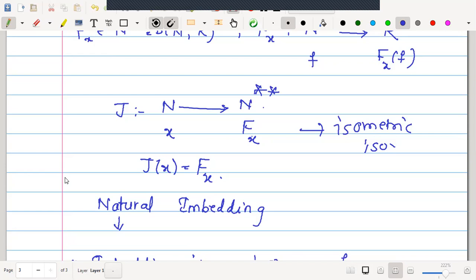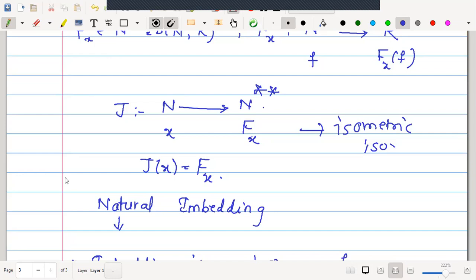The word natural means that with the help of the nature of elements of n, n star, n double star, we have established this relation. Therefore, the relation is naturally established with the help of the nature of the elements. That's why it is called the natural embedding of n into n double star.